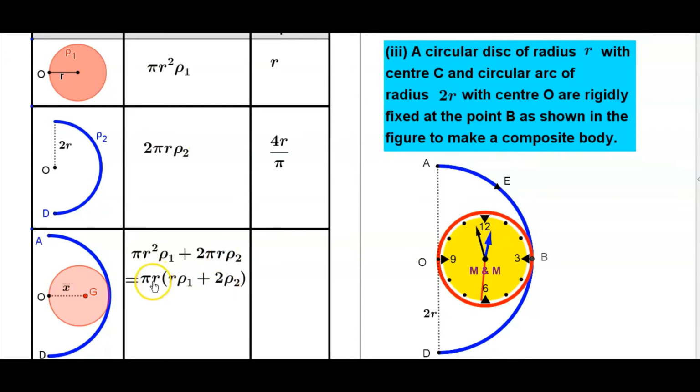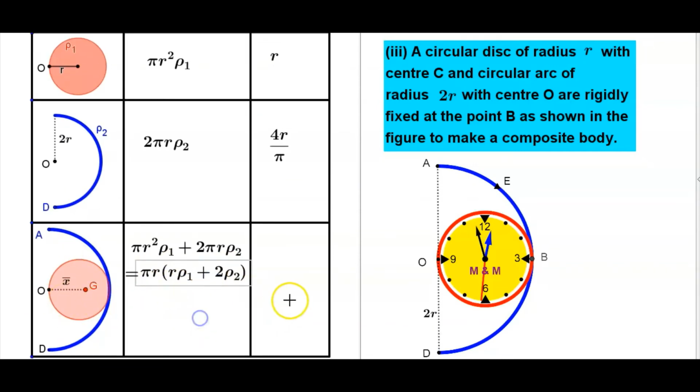Simplifying, pi r into (r rho 1 plus 2 rho 2) is the mass of this composite body, and we want to find out its center of mass, x bar.